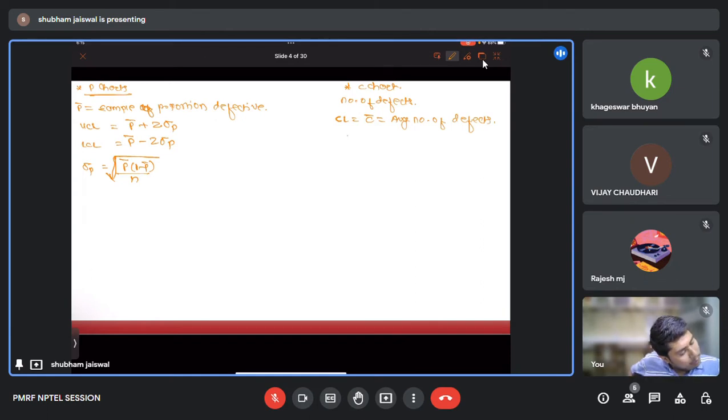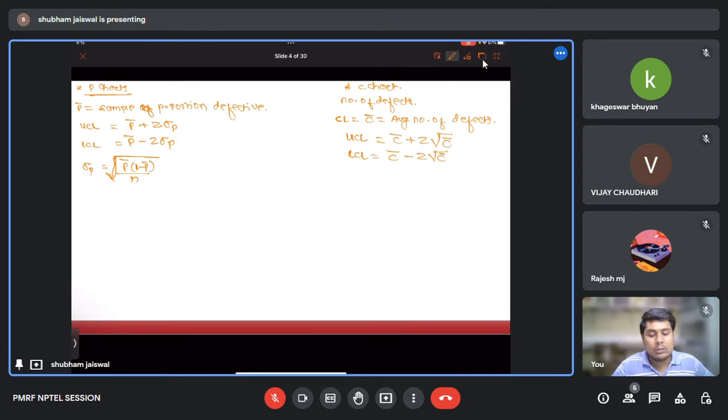And the upper control limit, UCL, and lower control limit, LCL, are given by C bar plus Z under root of C bar, and C bar minus Z under root of C bar.